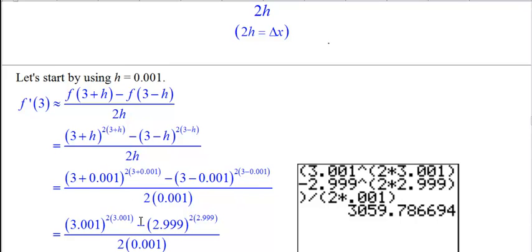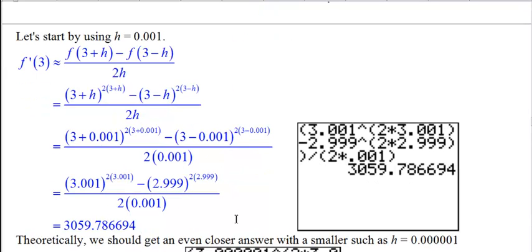Entering it like that into the calculator is what you see on the right here on this calculator screenshot from a TI-84. And you see that that is equal to 3.059786694, or at least approximately. That's what that is, which is approximately the symmetric difference quotient, which is approximately the derivative.